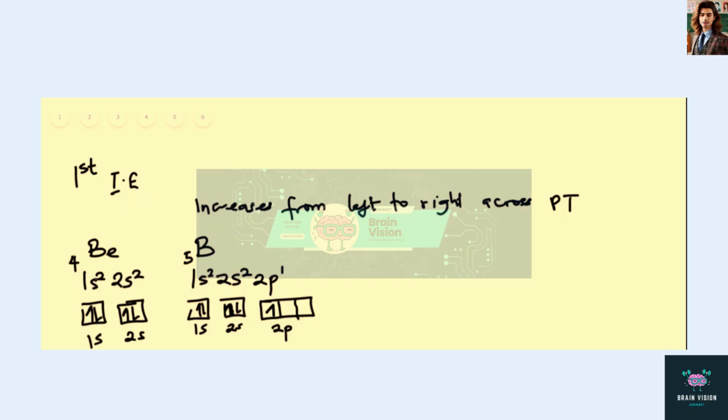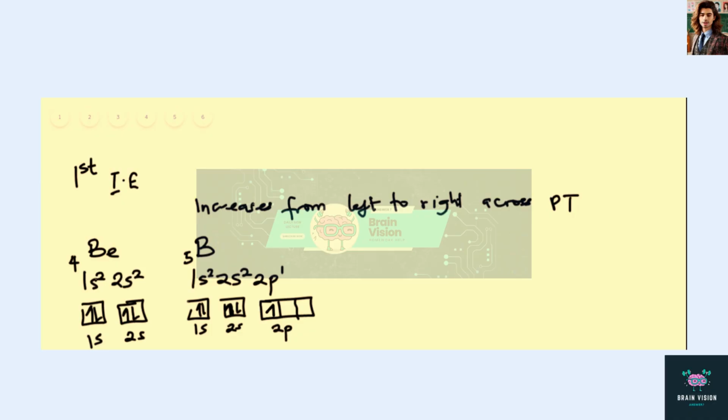So it will be easier to remove this electron from the 2p orbital of boron compared to removing an electron from the 2s orbital of beryllium. That is because of the completely filled 2s and 1s orbital of beryllium, whereas here the 2p orbital is not completely filled, and it is not even half filled. So this electron is easier to remove when compared to the electron in the beryllium.